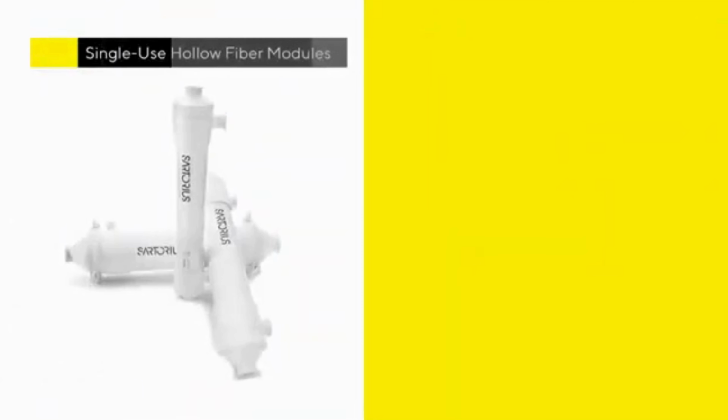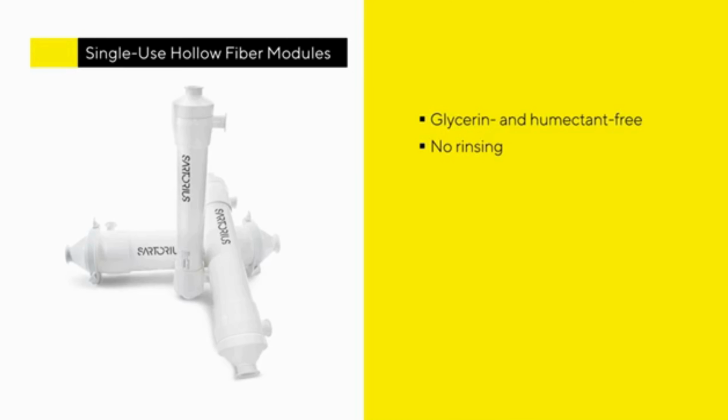Automation and modern TFF systems. Early TFF operations often relied on manual or semi-automated systems assembled from independent pumps, valves, tubing, gauges, sensors, and reservoirs sourced from multiple suppliers.